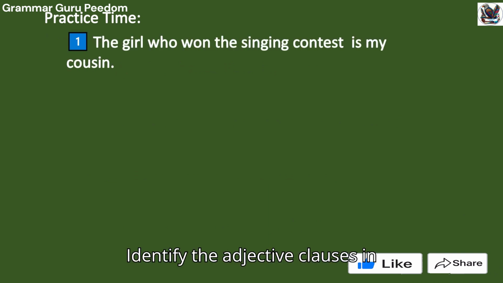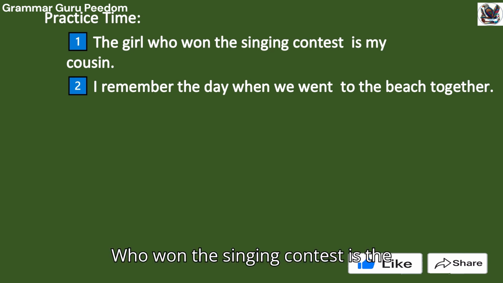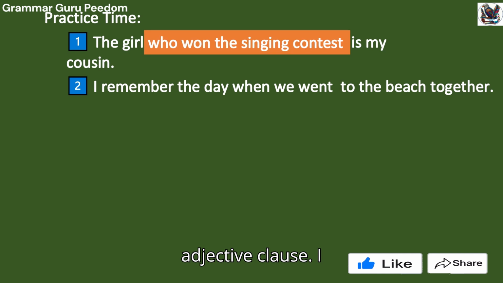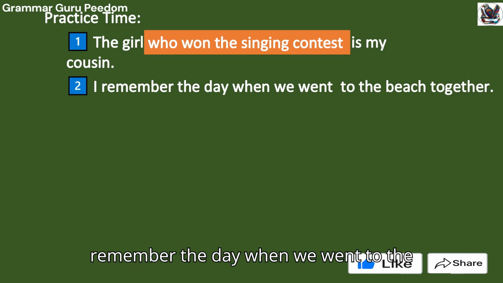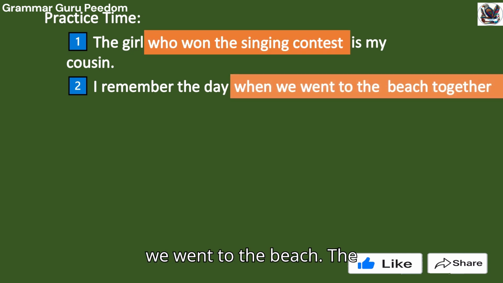Practice time. Identify the adjective clauses in each sentence. The girl who won the singing contest is my cousin. Who won the singing contest is the adjective clause. I remember the day when we went to the beach together. When we went to the beach.